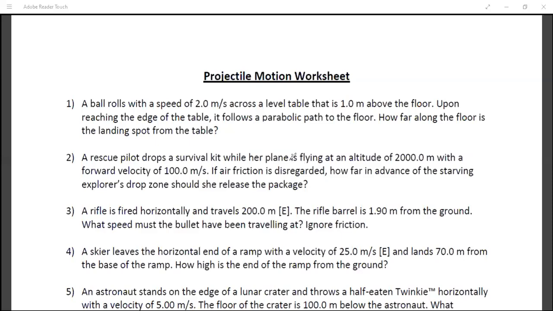The second question was also related to your horizontal projectile. The only change I made is that I considered air friction. The air friction was providing a negative acceleration in the horizontal direction of minus 1 meter per second square. So this was the negative acceleration provided by the air in the horizontal direction for the second case.